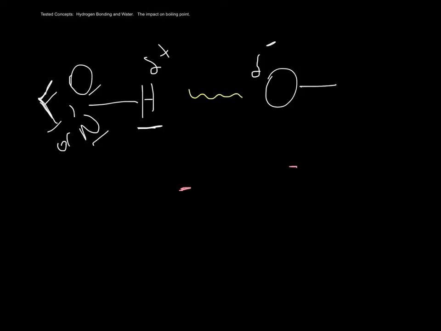Let's just go ahead and draw these molecules like this. If they're positive and negative, then there's going to be attraction between this partial positive and a partial negative on this side. So every time there's an attraction, there's going to be this pull, and they're going to be held together.